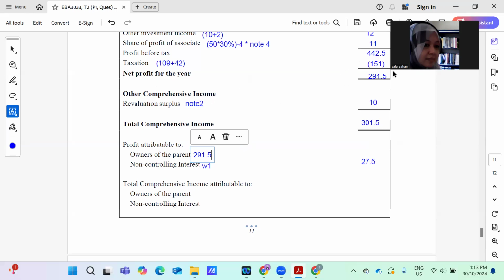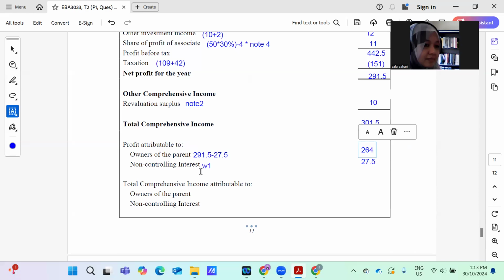We want to calculate the net profit for the year only. 291.5, but we minus the NCI share over here, 27.5. So the balance, the profit to the owner of the parent, will be 264. So you just minus these two. That's why you need to get the NCI first.